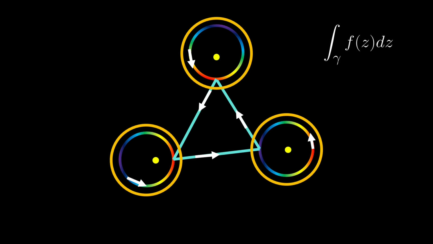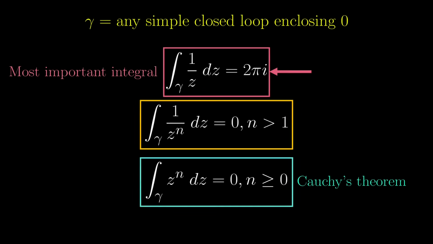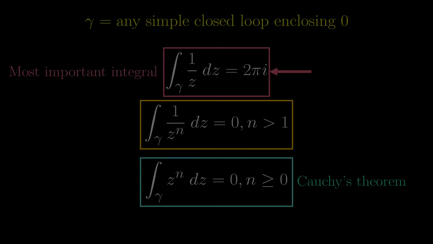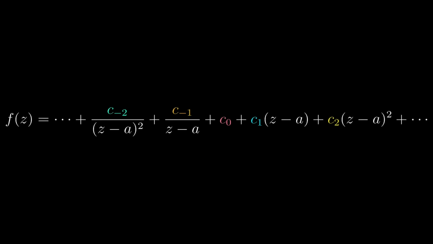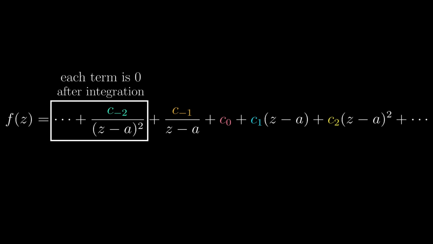But still, how do we compute the integral around those singularities? We have actually calculated easy examples of integrals before using integer powers of z, so an idea would be to break down f of z in terms of these integer powers. If this is possible, then all the terms involving negative powers of z except -1 would give 0 contribution to the integral.